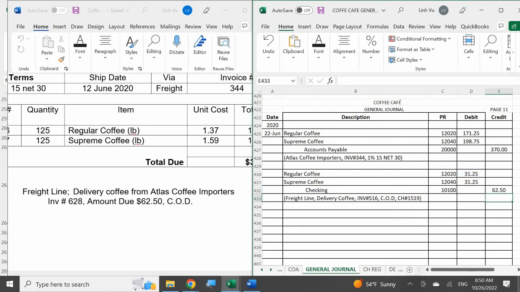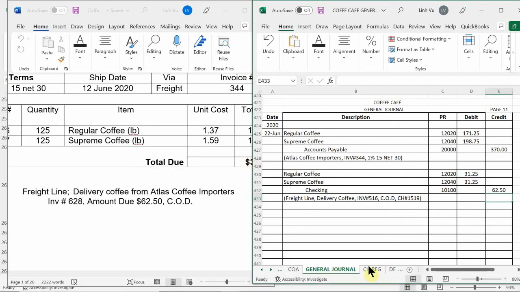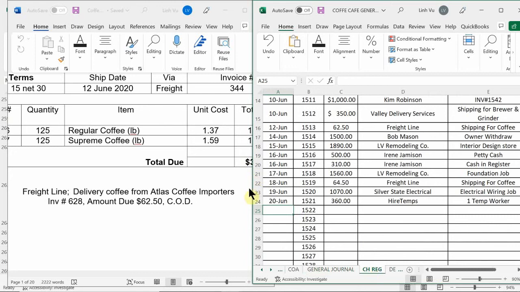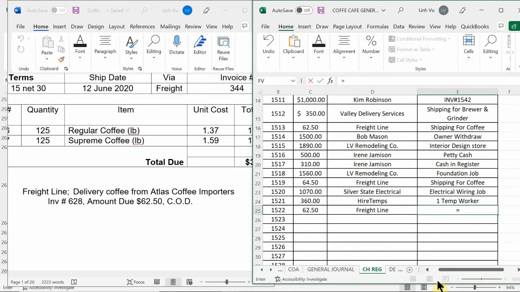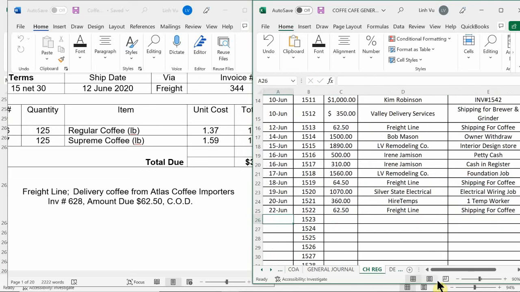Who do we write the check to? Not Atlas, who sent it to us? Oh, Freight Line. So we have check number 1522.